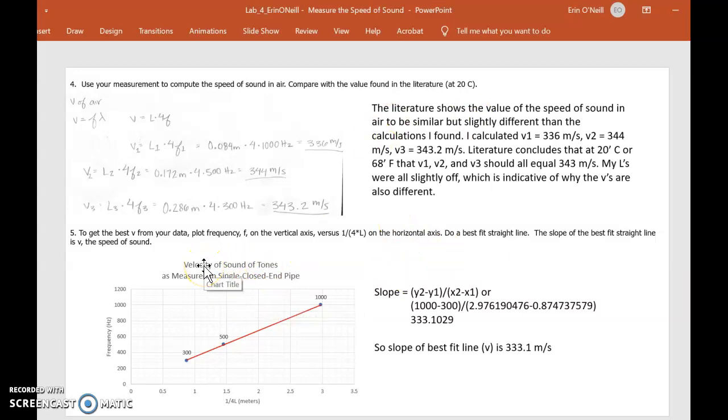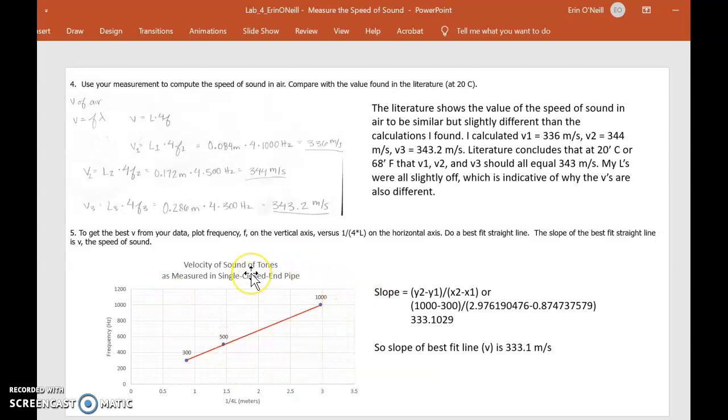I was pretty close. And then to get the best velocity from your data, plot the frequency and the 1/4L, and find the best straight fit line. So I did that. The first time I went through and did this, I just had my numbers switched, like I did 1,000, 500, 300.